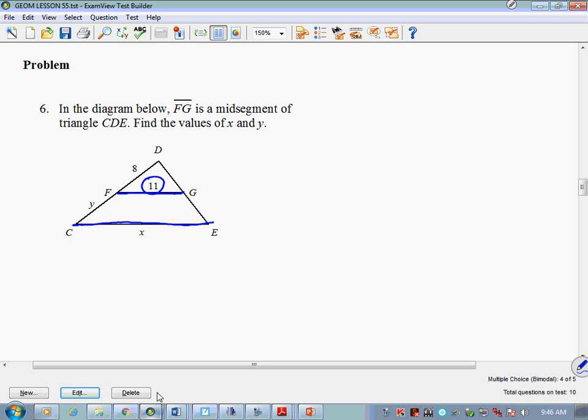FG is right here. Is it parallel to CE? So if FG is 11, what is CE going to be?